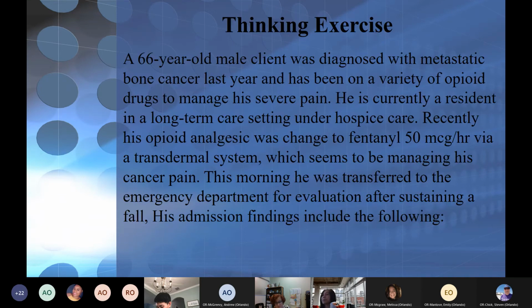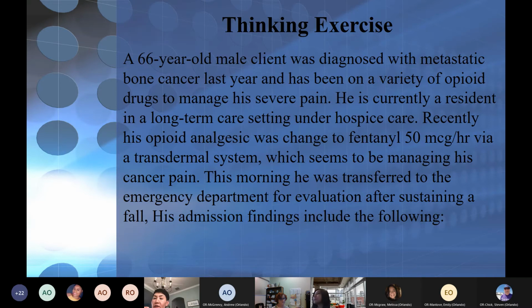All right, so now we have another thinking exercise. All right, so let's take a look at this one. Who'd like to read this one? I'll read. Okay. A 66-year-old male client was diagnosed with metastatic bone cancer last year and has been on a variety of opioid drugs to manage his severe pain.